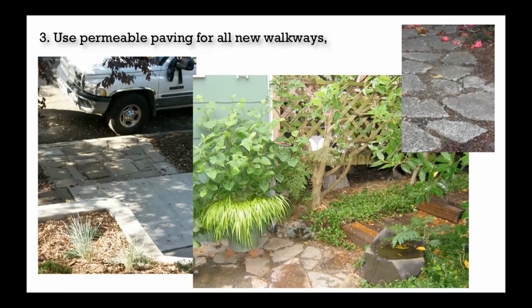And that allows water to be absorbed by the walkway, and all walkways have a gravel or crushed rock base underneath them too, that can act like a little drain field underneath that walkway and store water and let it percolate down into the soil.